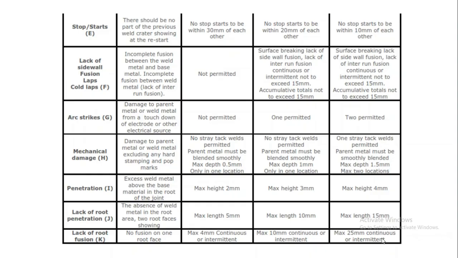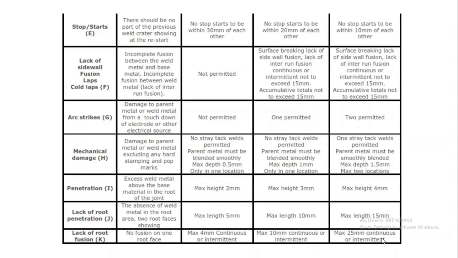And if you are noticing that weld metal is not fused between the weld metal, you have to consider it as a lack of internal fusion. Okay, if you are noticing lack of internal fusion and lack of sidewall fusion, laps, cold laps, you have to consider as a defect. And in group A, it's not permitted.